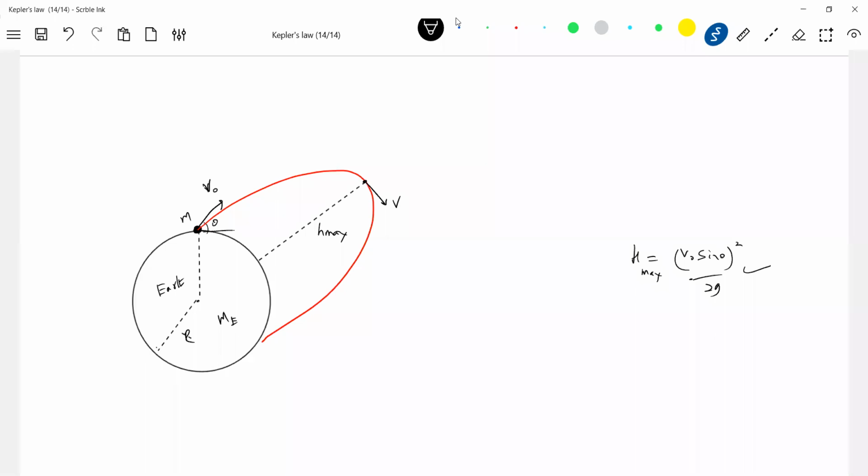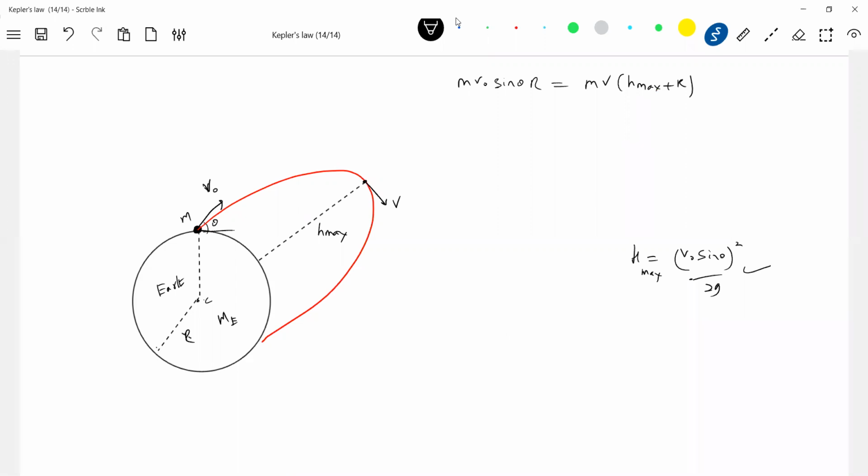Again, I'll apply conservation of angular momentum about the center of the earth. Now applying conservation of angular momentum, m v naught sine theta into r should be equal to m v into h max plus r.